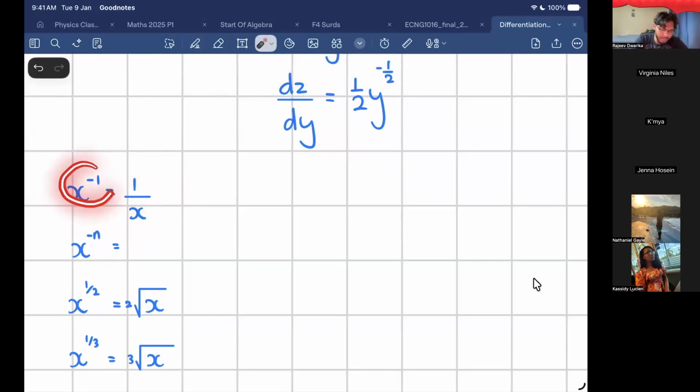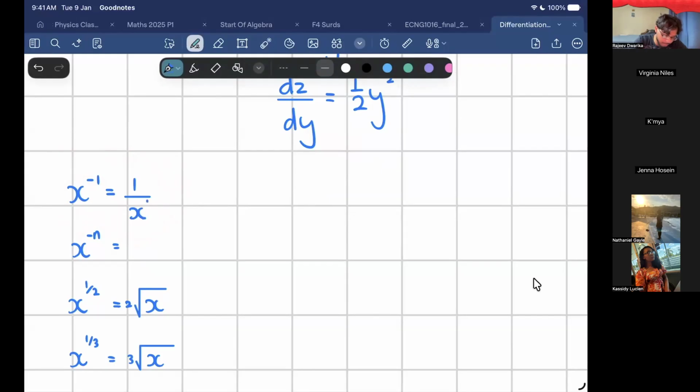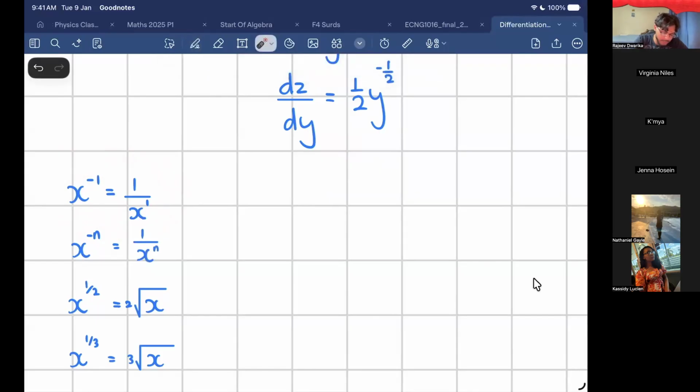We had x to the power -1, and that turned to 1 all over x to the power 1. So if I have x to the power -n, that would turn to 1 all over x to the power n. And if I were to take x to the power n and bring it up to the numerator, the sign for the power would change and I would get back x to the power -n.